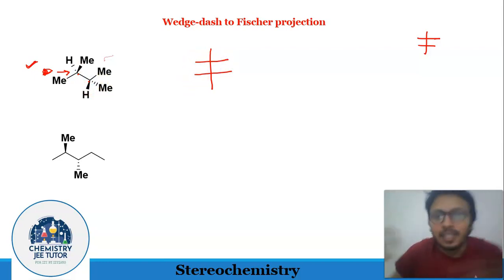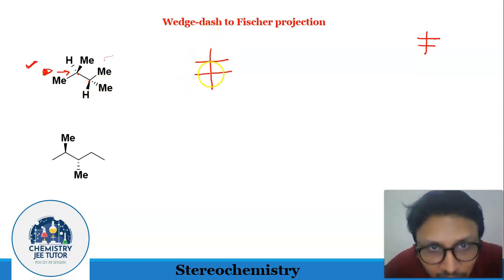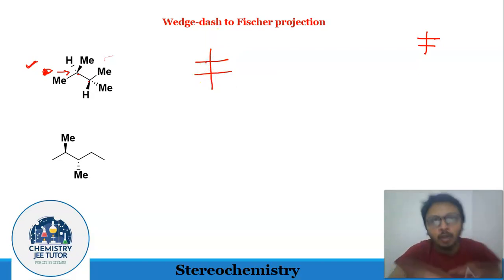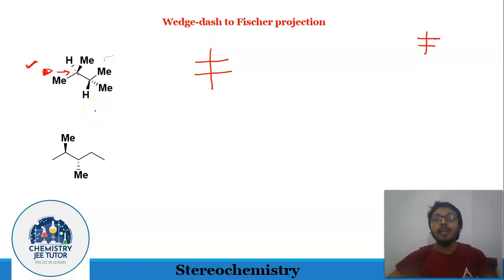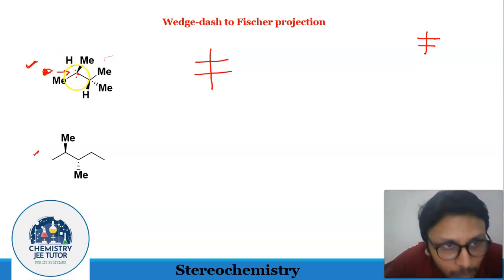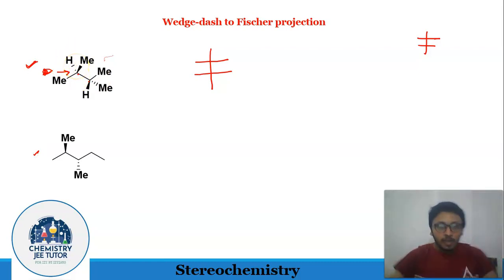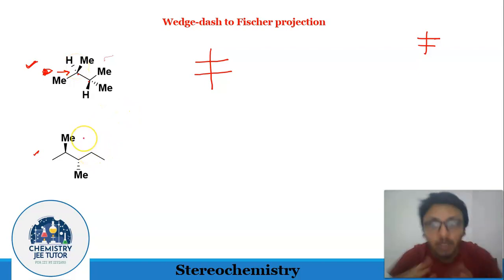Do you understand what an intersection is? In a Fischer projection, wherever there is a cross, first you have to understand how many intersections there are. This will come in handy in this example. There are two intersections, because there are two substitutions. See here, there is an atom which has no substitution.